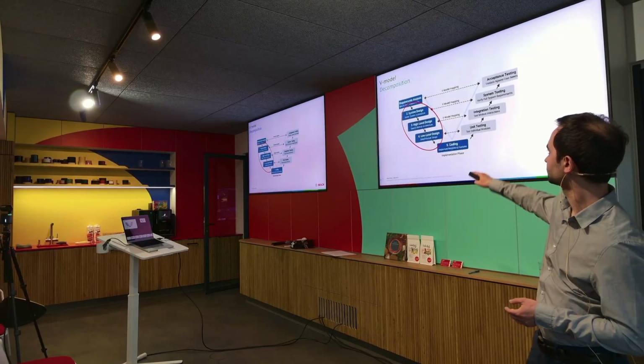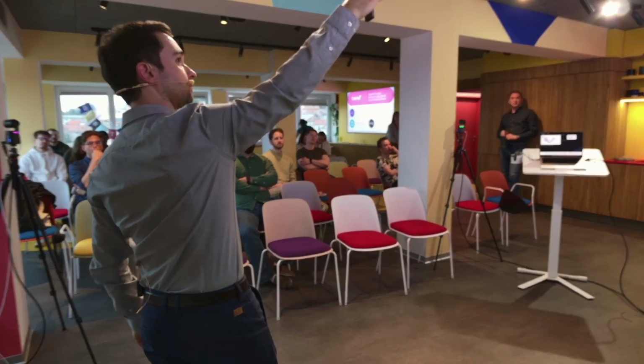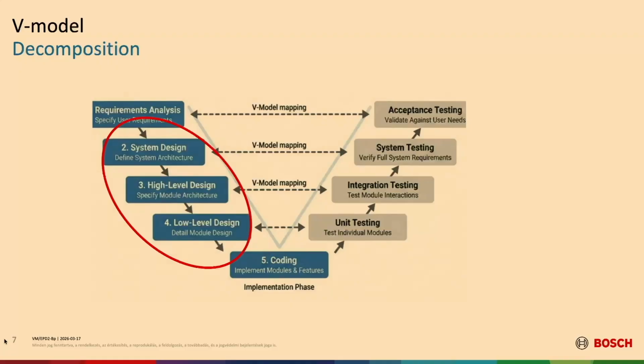Let's go back. Here, this is a top-down phase. We have higher level designs and then go back to lower level designs. Here, several disciplines are working together, and then we need to decompose which requirement or which module is covered by whom.